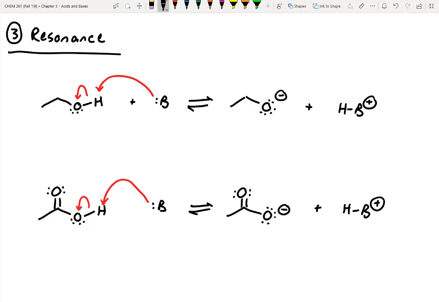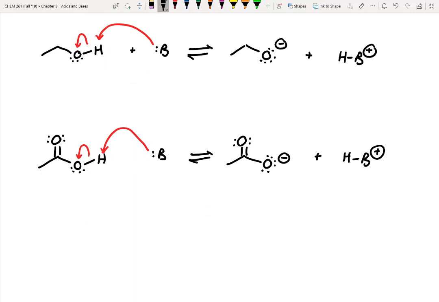All right, and if we go through the CARDIO rules, the first thing we'd look at is charge. There's a tie, right? It's -1, -1. So then we go down the list of priorities and look at atoms. In this case, negative charge on oxygen versus negative charge on oxygen. We're still tied. Then we go to R, resonance. We know that the bottom one has resonance.